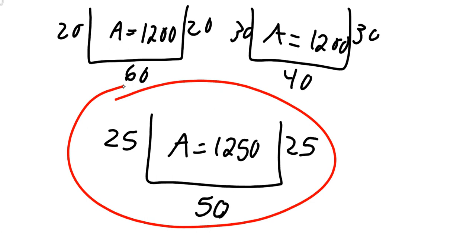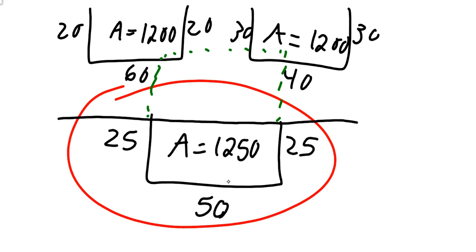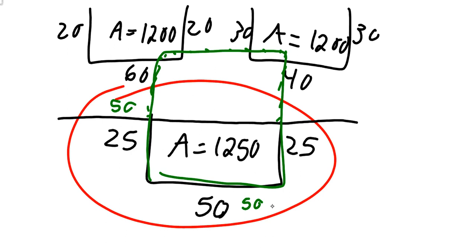Now, the interesting thing with this one is if the beach did not exist, so there's my beach right there. If the beach did not exist, I've created a square that would be 50 by 50. What do I notice about this particular number, 25?